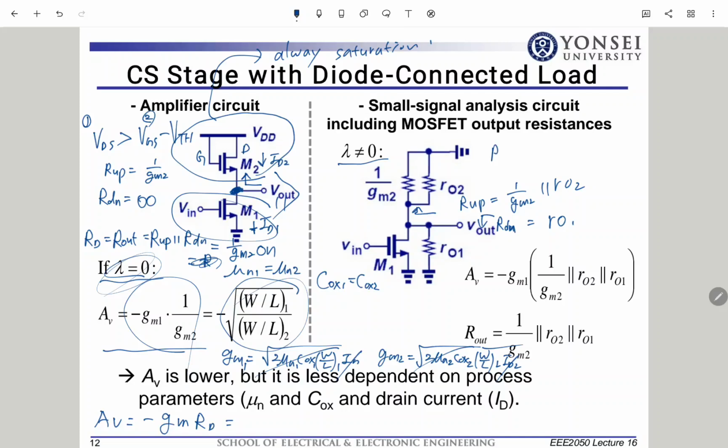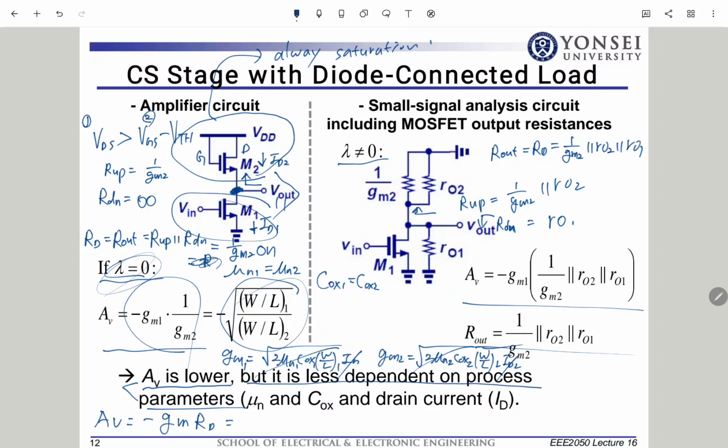So we see that R out, or RD, is equal to 1 over gm2 parallel RO2 parallel RO1. Therefore, the gain becomes something like this. So the voltage gain is lower, but it is less dependent on process parameters. What do you mean by the voltage gain is low? Why do we say that?